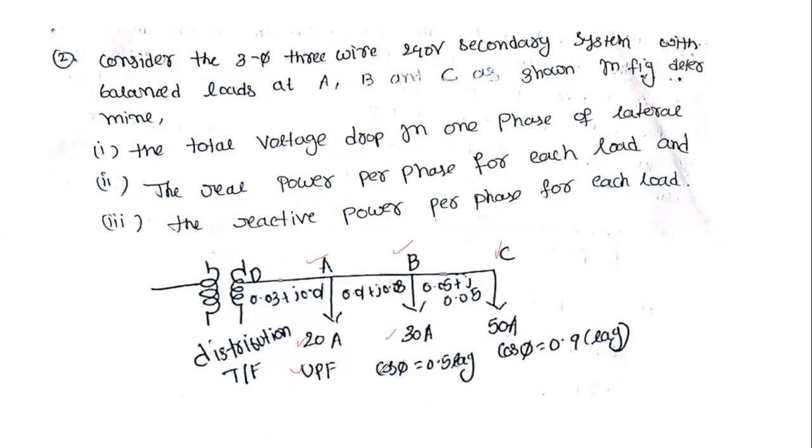This is the current at point B and this is the power factor at point B, and this is the current and power factor at point C. These are the impedance values for the sections: this is the D to A section, this is the impedance for the A to B section, and this is the impedance for the B to C section. Next, we find the total voltage drop in the distribution system.